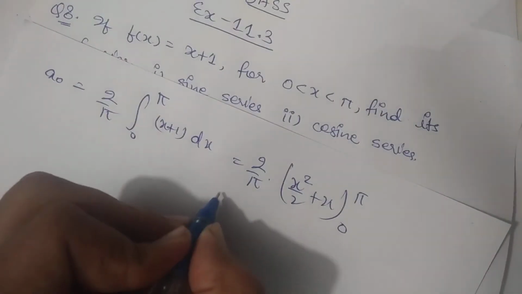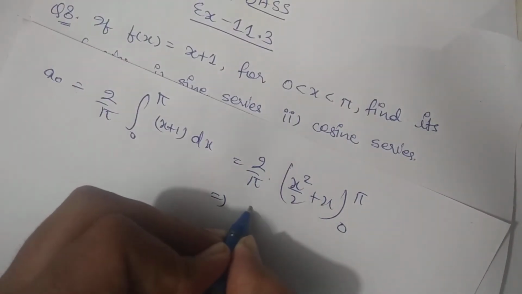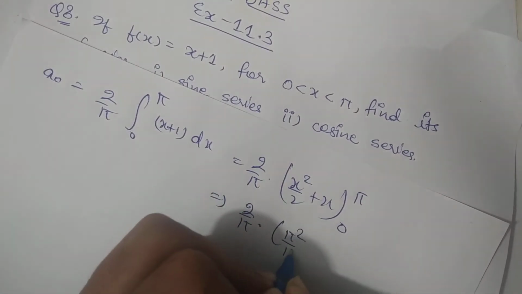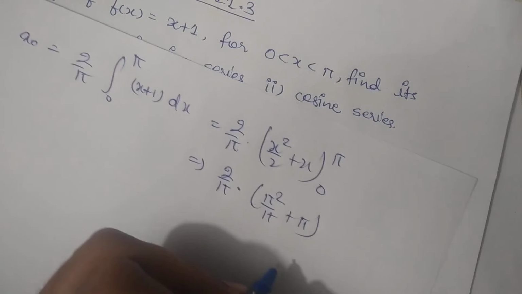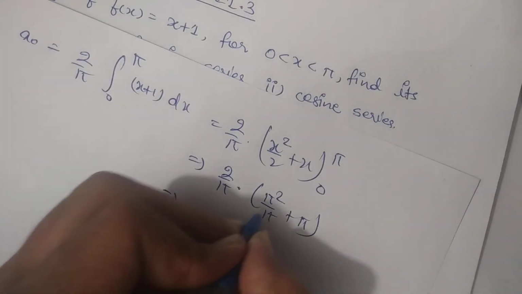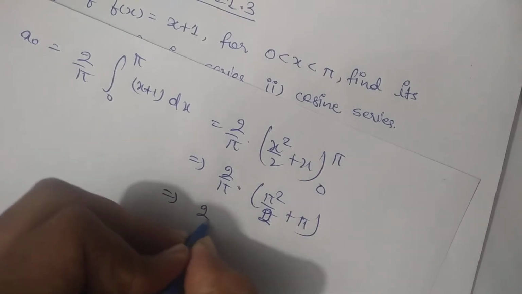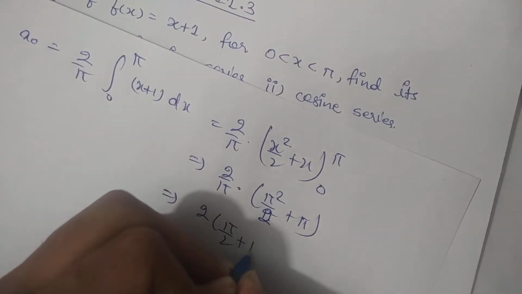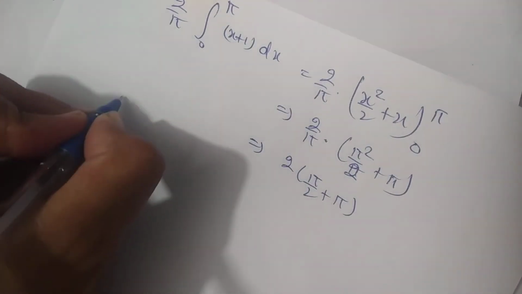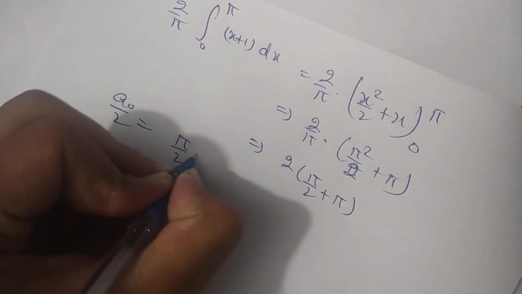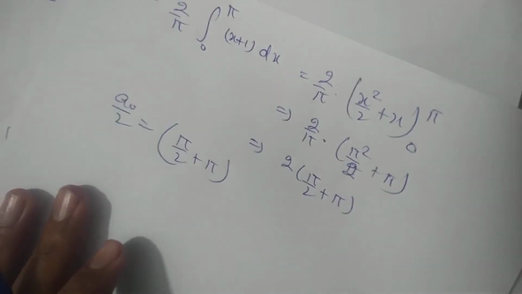So this value will turn into 2 by pi times pi square by 2 plus pi. So the value of a naught by 2 will become pi by 2 plus pi. That is the value of a naught.